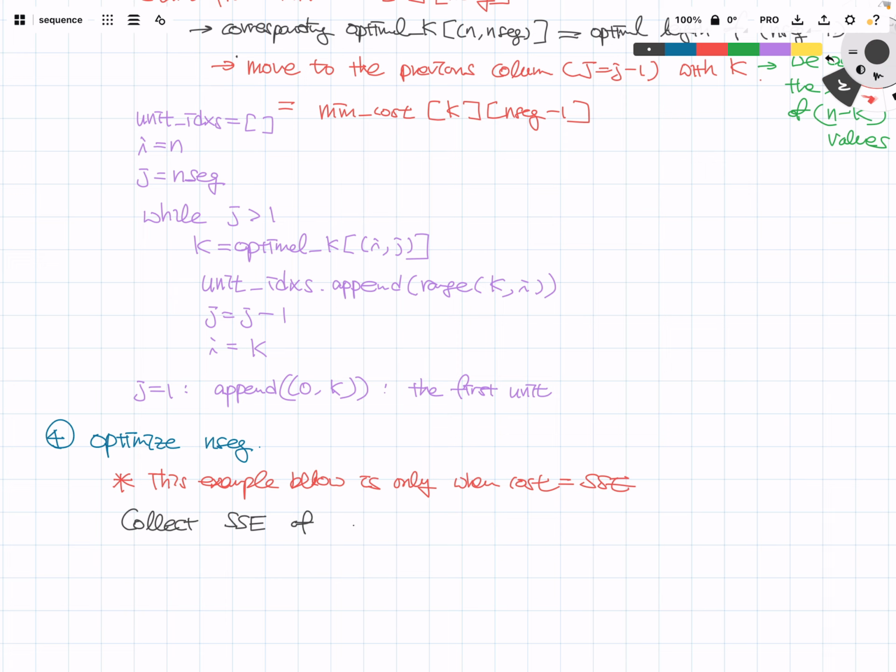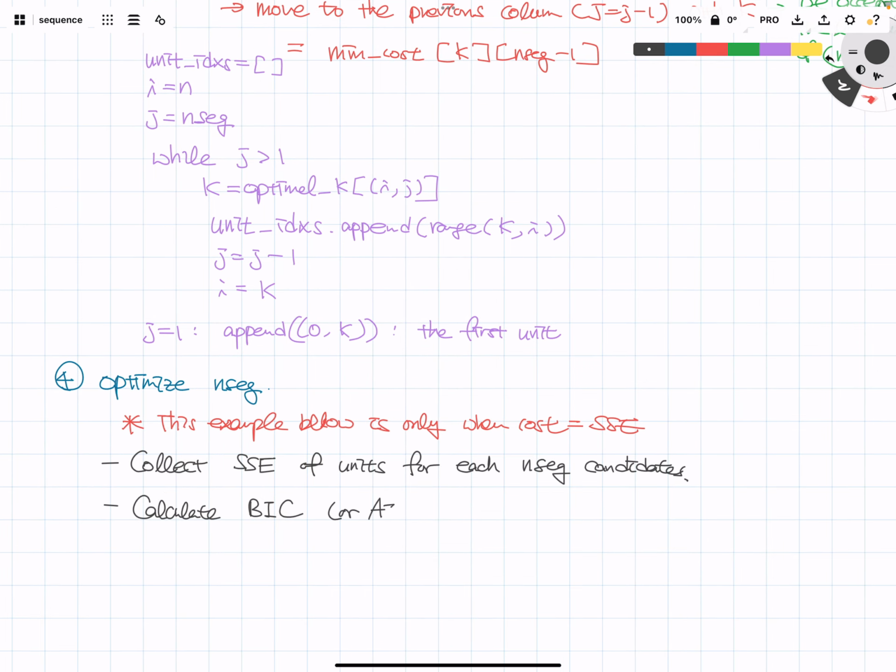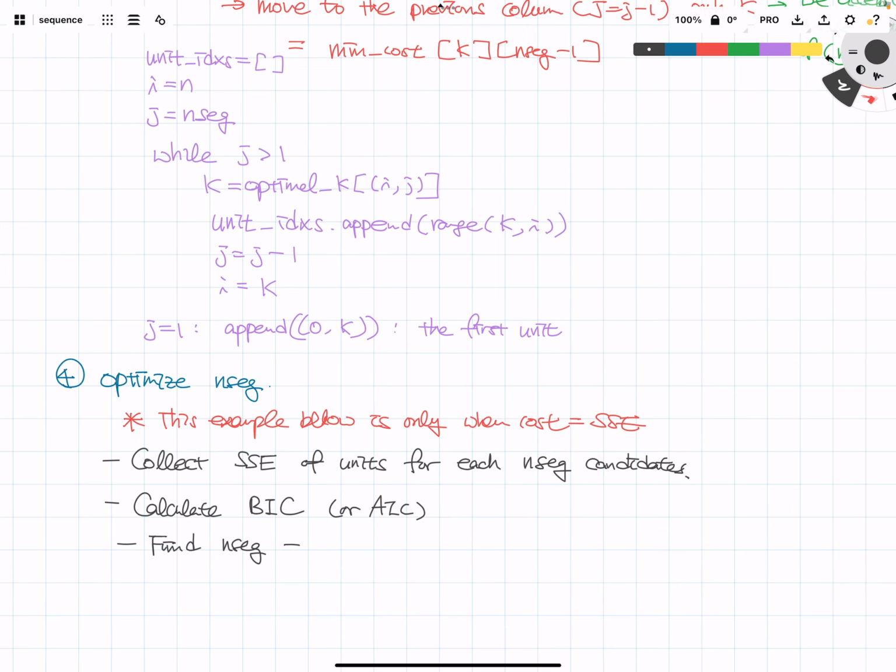Collect SSE of units for each n segment candidate, and then calculate BIC, or AIC, and find the n segment to minimize it, as argument minimum, and BIC adjusts for the bias of n segment.